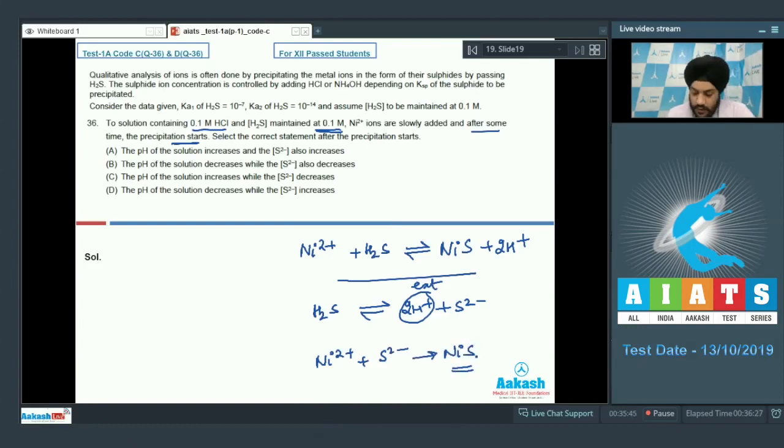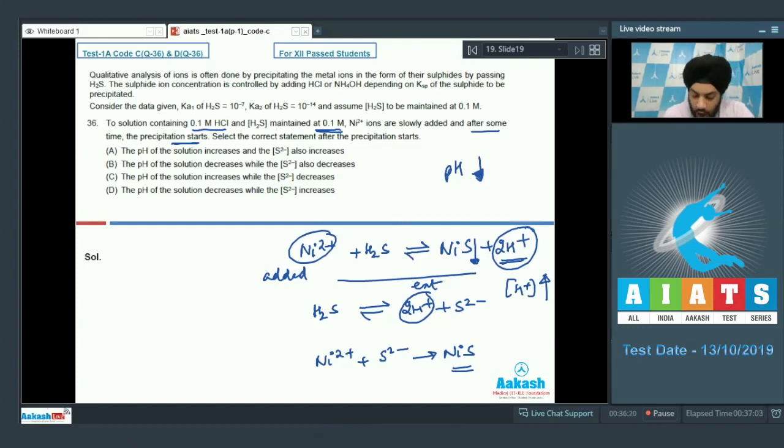Now students, as Ni2+ is added, this will shift more and more in the forward direction. Due to the shifting of the equilibrium in the forward direction, the H+ ion concentration is going to increase. If we talk about the pH, students, the pH of this solution will decrease due to the formation of more H+ ions.